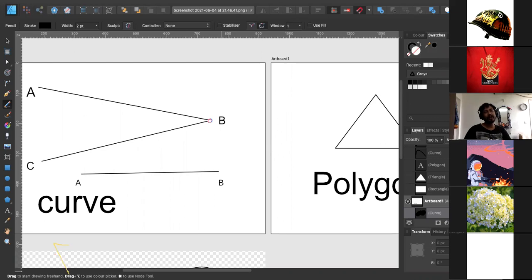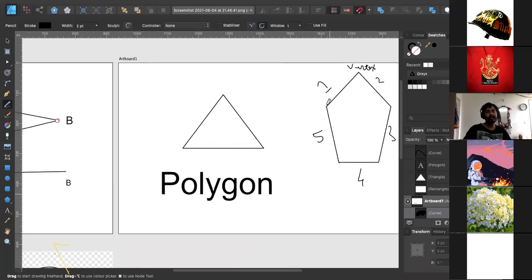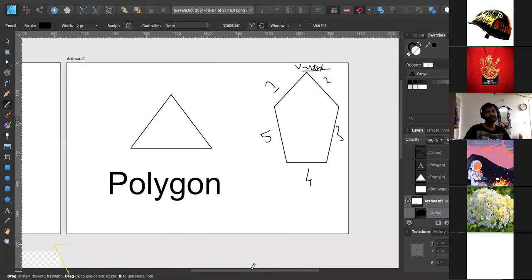Here, these two line segments are basically joining, they meet at one point, and therefore this is called a vertex, right? Vertex. Yes.